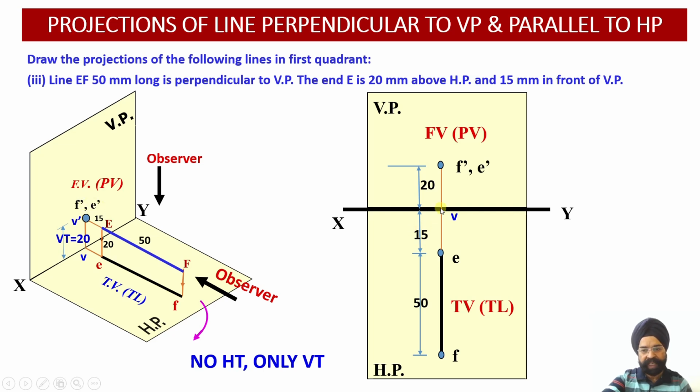So front view projection is my point. So the perpendicular from this V to V dash will give me my vertical trace. And as I told you, vertical trace is equal to 20 millimeter over here. So this is the vertical trace representation onto the projection planes.